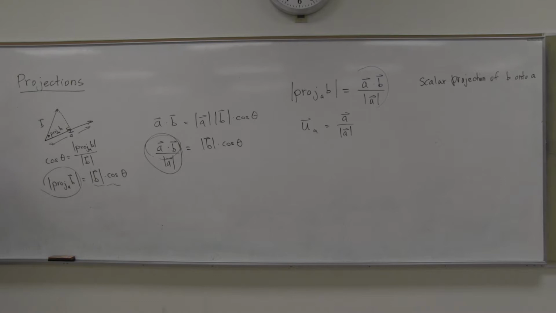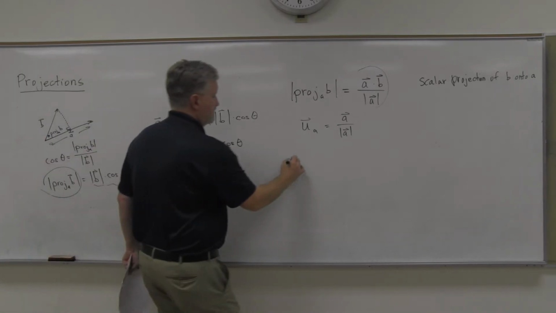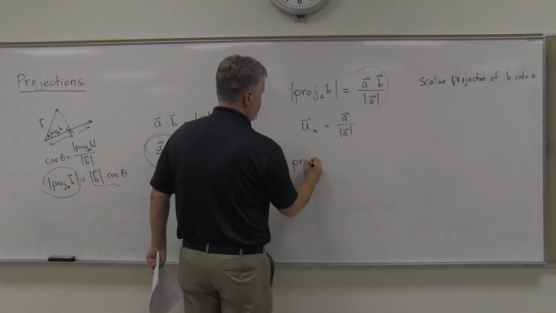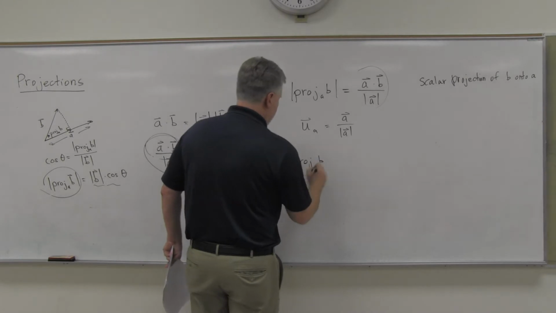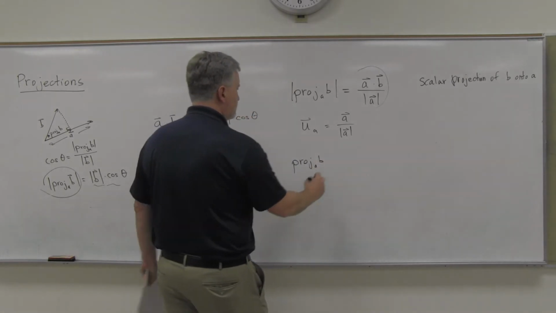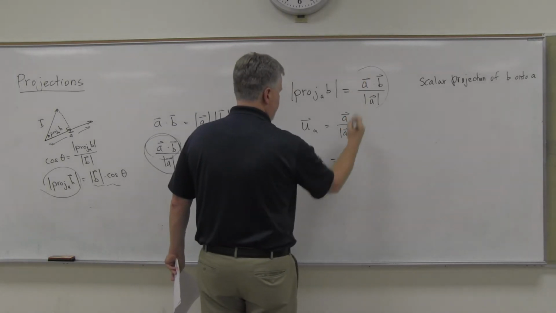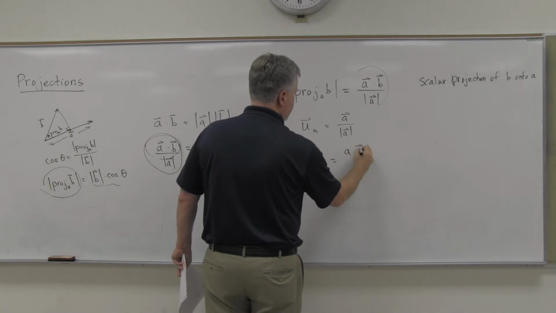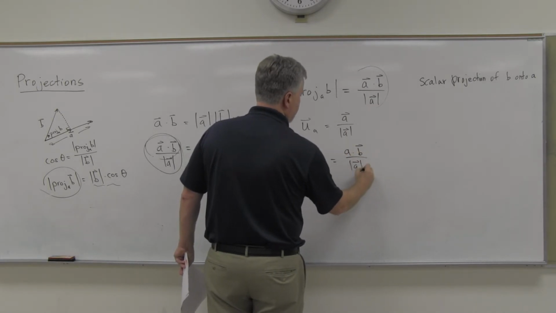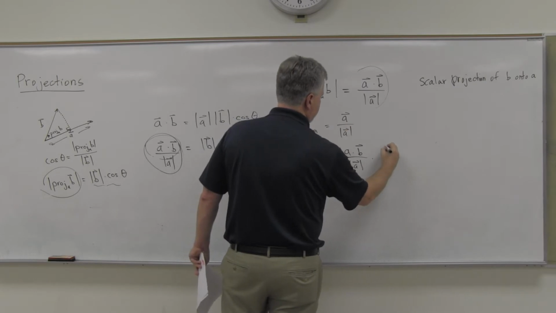Make sense? So the projection of B onto A is that amount, A dot B divided by the magnitude of A, times the unit vector in the direction of A.